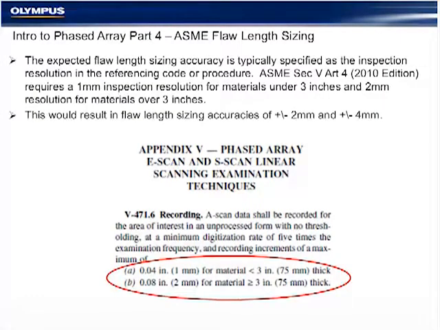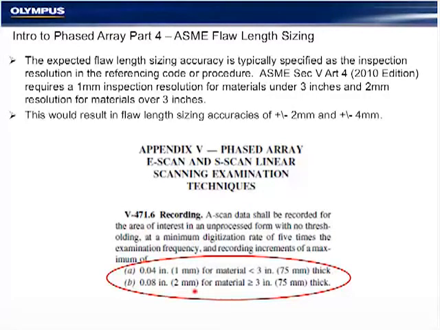The ASME Section 5, which is probably the most common code we inspect for new construction, requires that the inspection be carried out at a 1 millimeter increment on the inspection resolution, meaning the blue ruler or scan axis, for materials smaller than 75 millimeters or 3 inches, and 2 millimeter increments for welds over 75 millimeters.